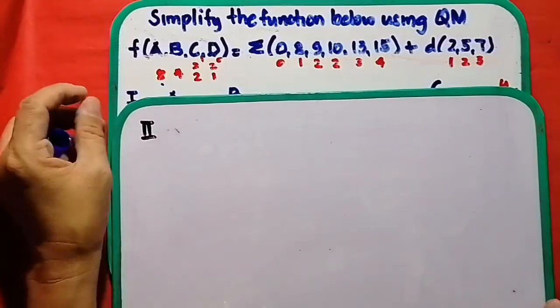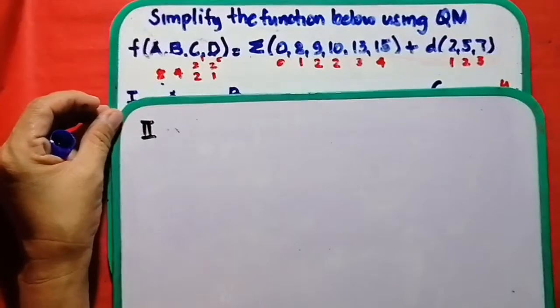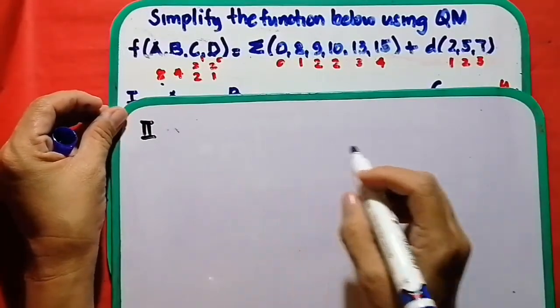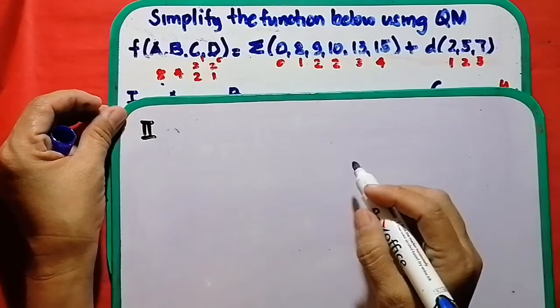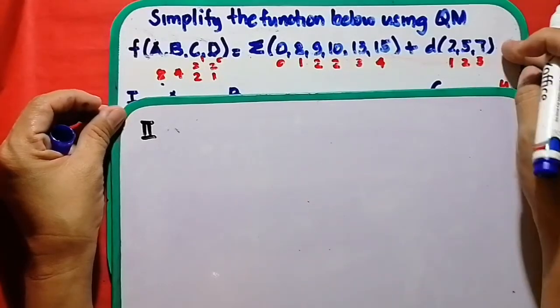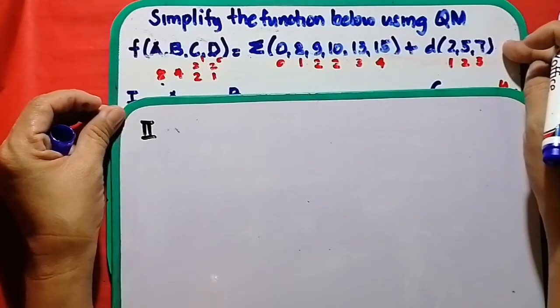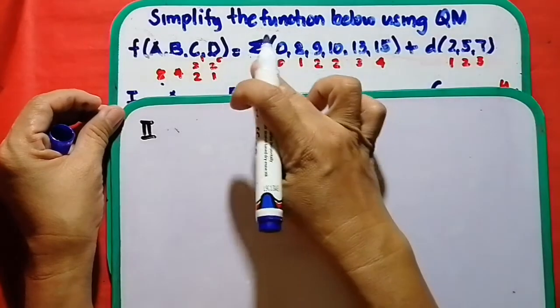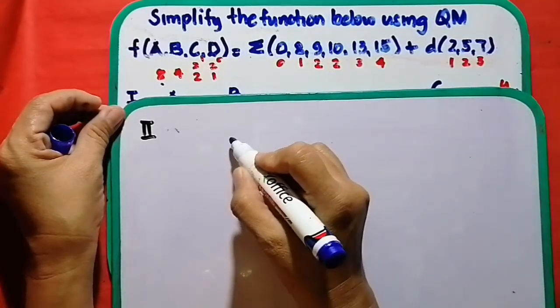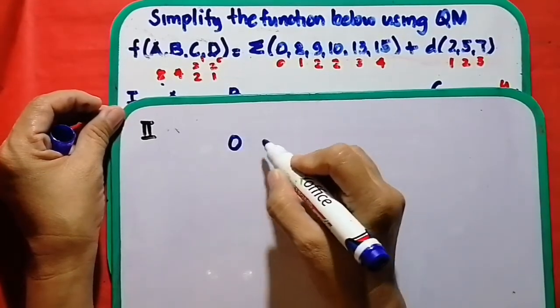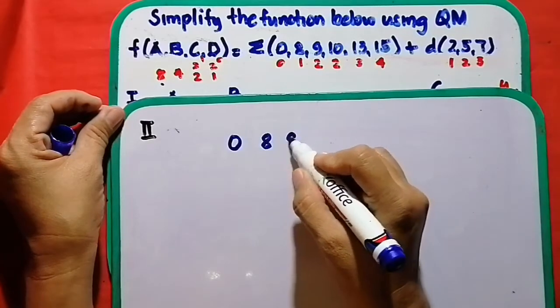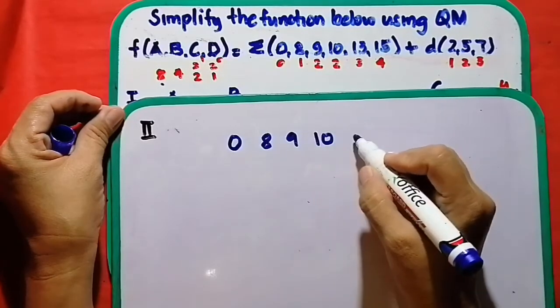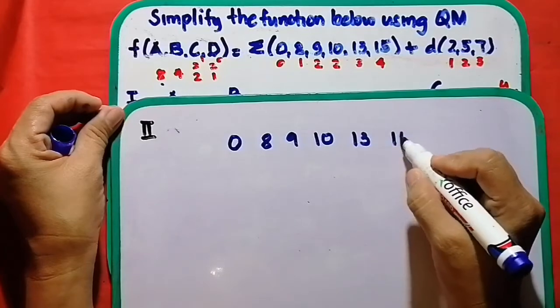in part 2, we now draw the matrix. The first row would be the implicants. But this time, the don't cares will not be included anymore. Only the min terms. So we have here our min terms: 0, 8, 9, 10, 13, and 15.